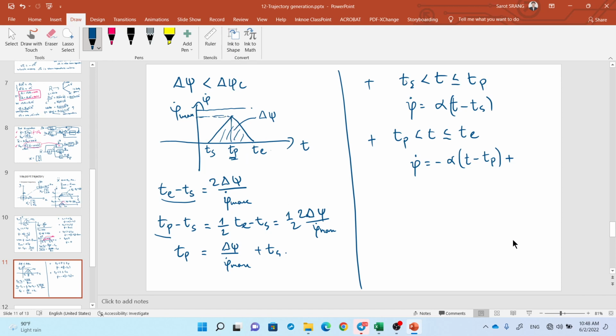What is the maximum velocity here? Alpha times Tp minus Ts.